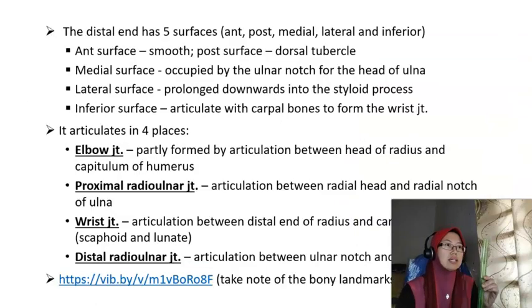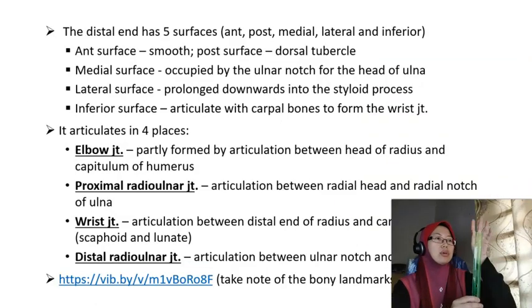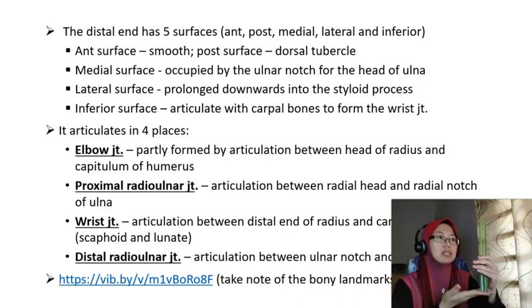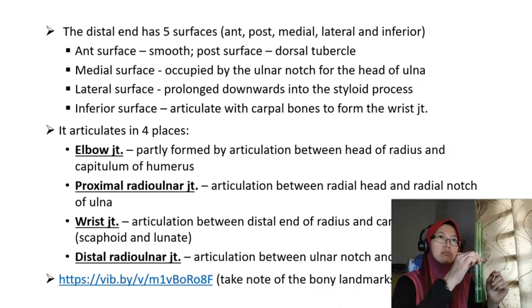We have covered the proximal part and shaft of radius. Now we come to the distal end of radius. The distal part has 5 surfaces: anterior, posterior, lateral, medial, and inferior.